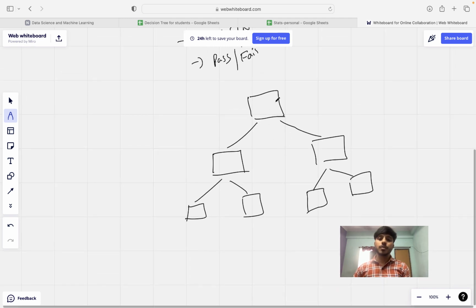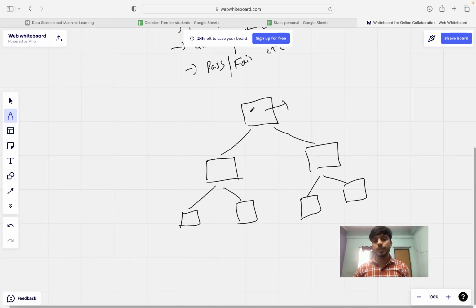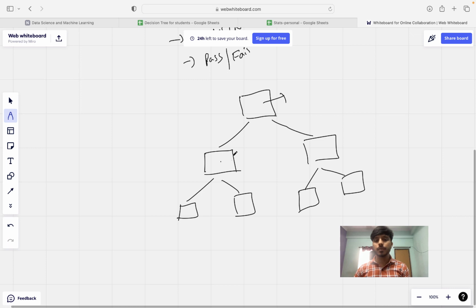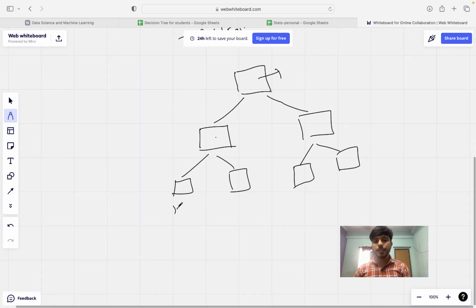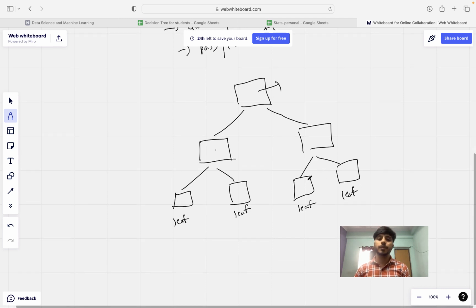Okay, these are nodes. If it is the last node, then it is called a leaf node. Similarly, this is also a leaf node, and this is also a leaf node, and this is a decision node. It's a node from which you further divide the data into multiple branches.